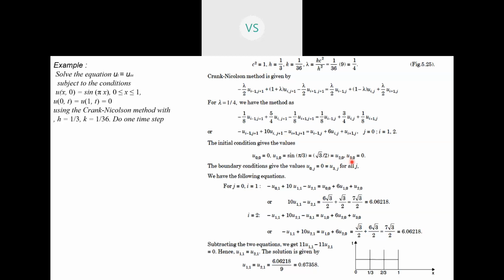Then u 3 0, the value is coming as 0, because when you are substituting the last value of x as 1, you get sin pi. So sin pi is what? It's 0.